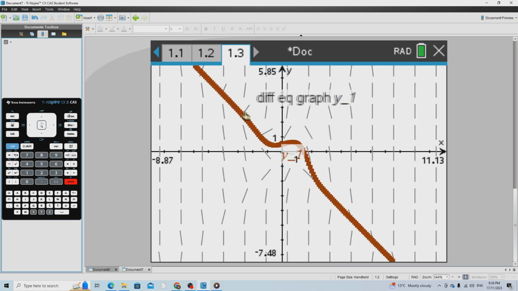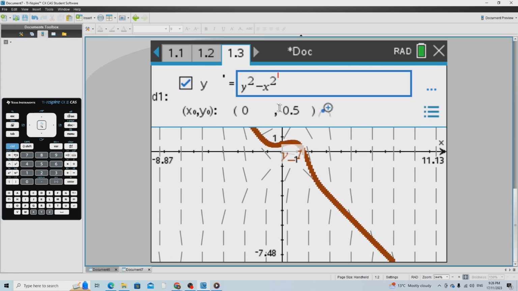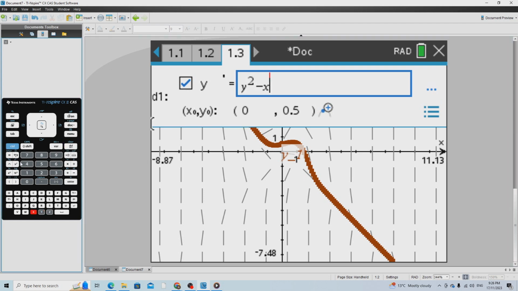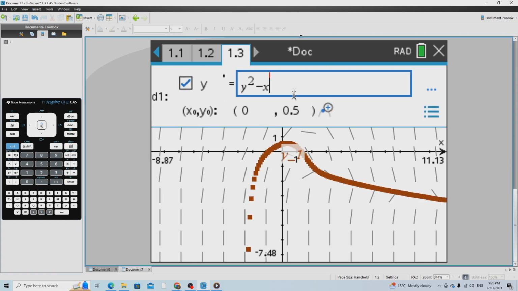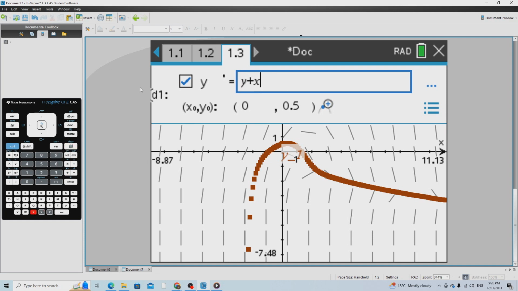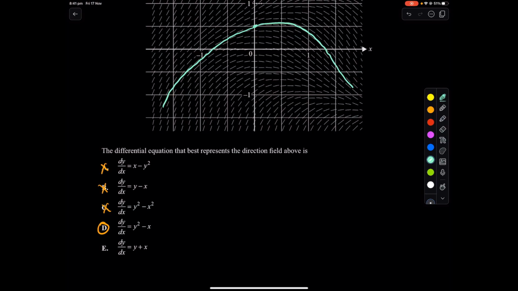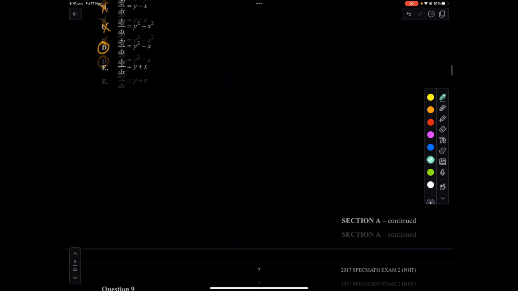This one's quite rubbish, to be honest. It's going up, so what about y squared minus x? Which is our answer. So what about y plus x? Also, this one's rubbish. So the only possible best answer would be y squared minus x. As you can see, it follows what we just drew. So that's it. Question 8, that's it.